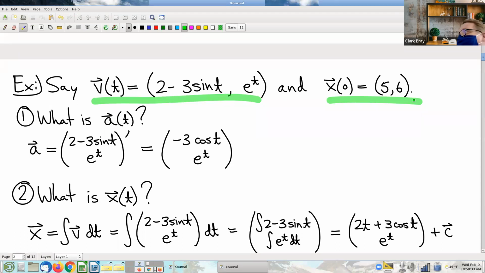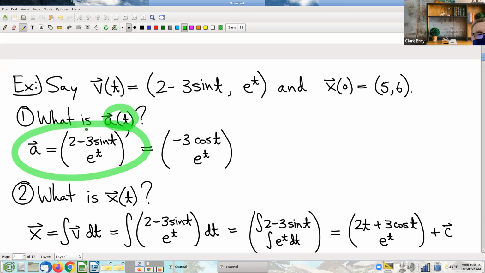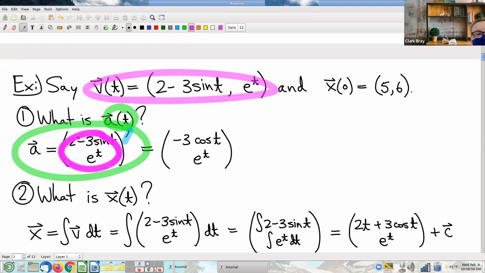You've all seen questions like this in single variable calculus classes, where velocity is just a single variable, but still, given a velocity and given an initial position, you can compute various things from that. What is acceleration? Well, acceleration is the derivative of the velocity. No problem, take the derivative.